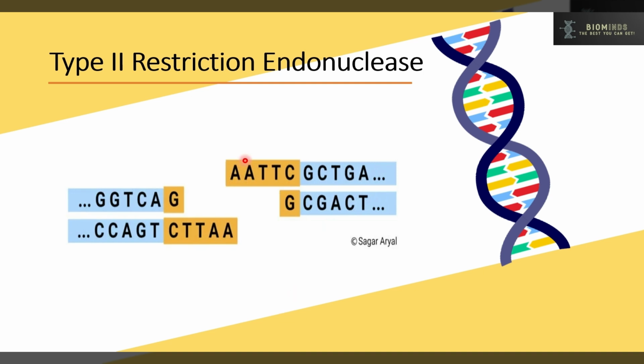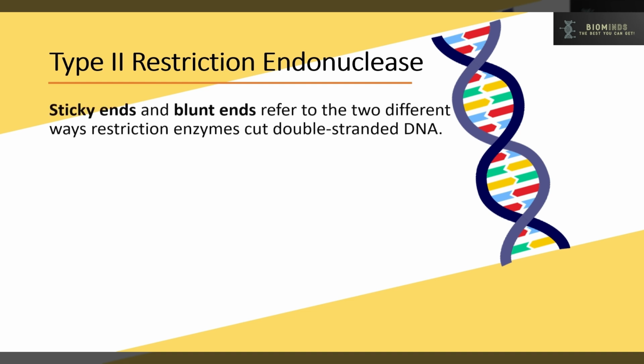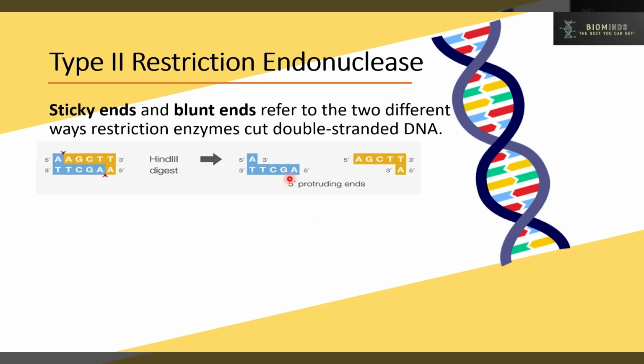After cutting, you will get this kind of overhanging ends. Those overhanging ends are known as sticky ends. We get two types of ends, sticky ends and blunt ends. Overhanging ends are known as sticky ends. Why are they called sticky ends? Because they readily stick to another sequence which is complementary to them.